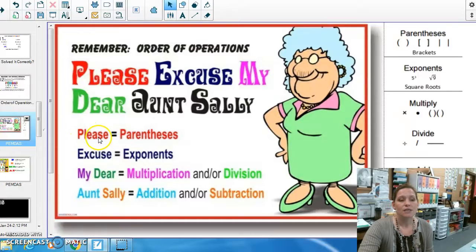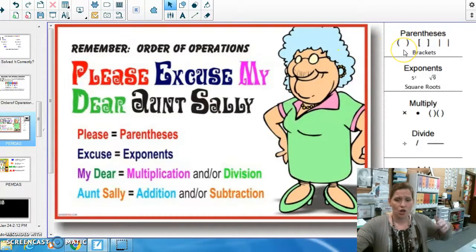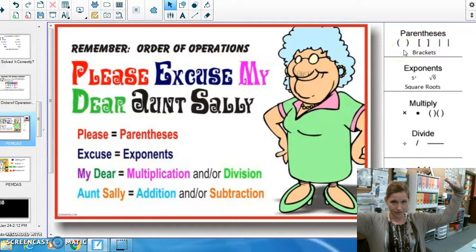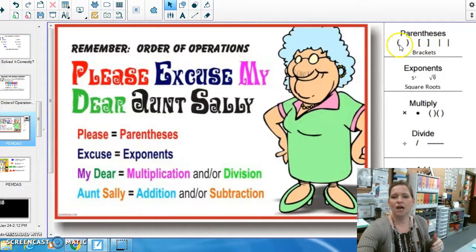So the P stands for parentheses, and that would be any parentheses, brackets, things that look like the top of your screen here. You're going to do all of those first within the problem, and you always start with the ones that are innermost and work your way out.